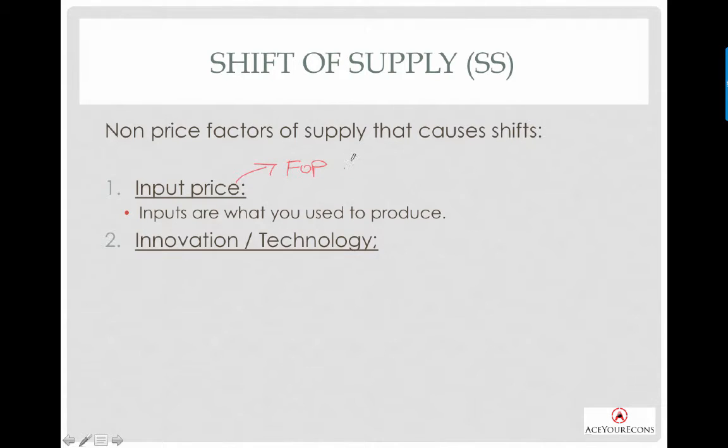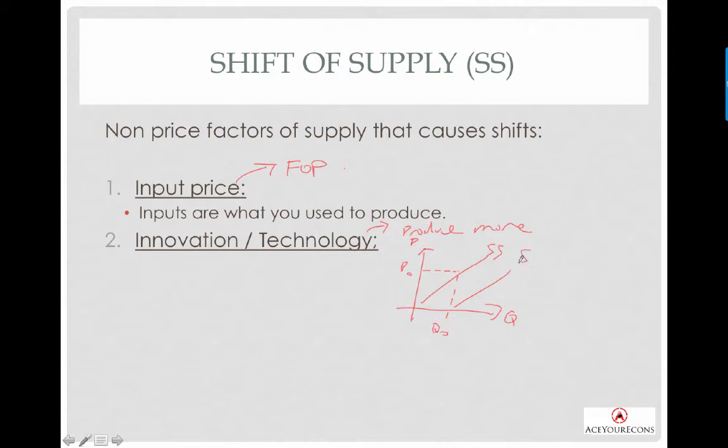Same thing when you have innovation and technology. What it simply means is that with technology, you can produce more at the same price. Same thing, price and output. This is your supply curve, and this is your original price and output combination.